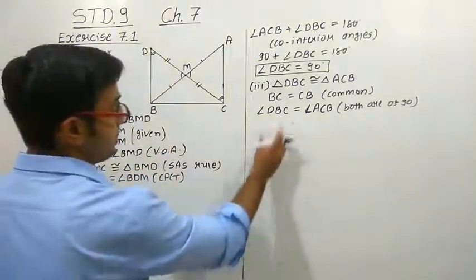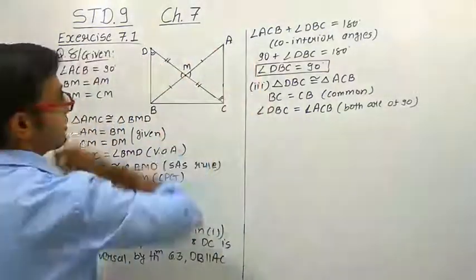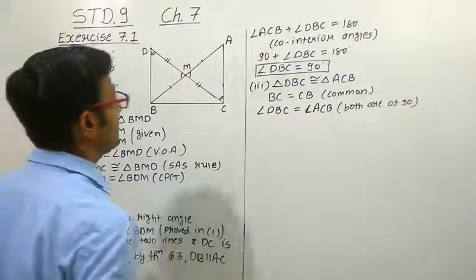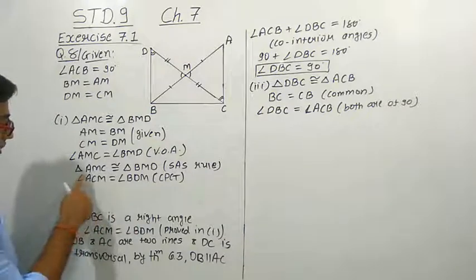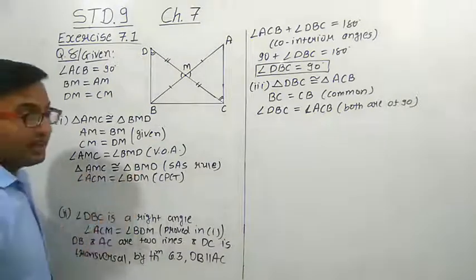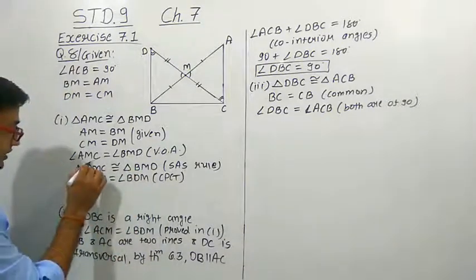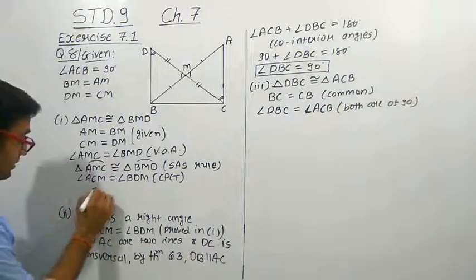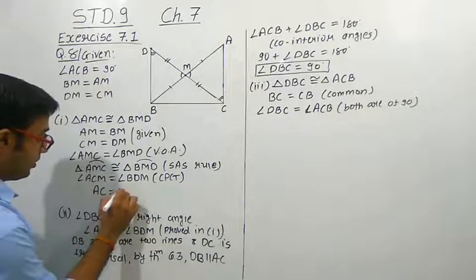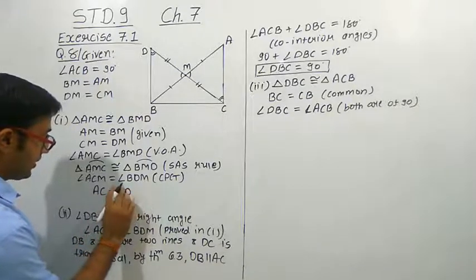See, in both these triangles, AC side and DB side are there, but AC and BD are not given equal. See here, again, we have proved here that AMC and BMD are congruent. So we can take the AC side and BD side. By CPCT we can prove that? Yes. So AC side will become equal to BD side.